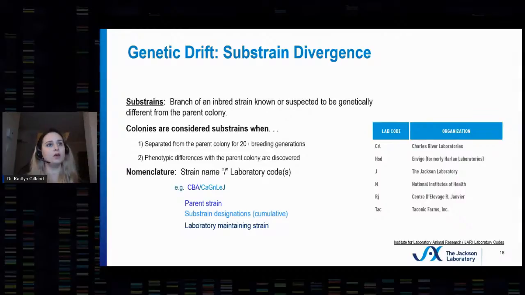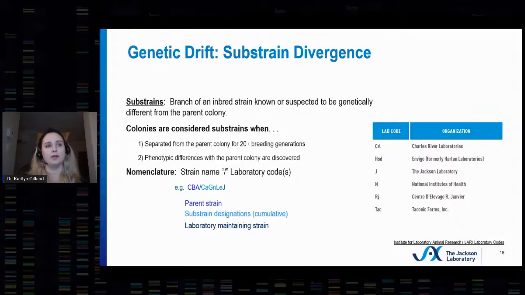When you follow nomenclature guidelines about substrains, these substrains are designated by adding a / after the strain name, followed by the lab code for the investigator or institution where those mice are being maintained.